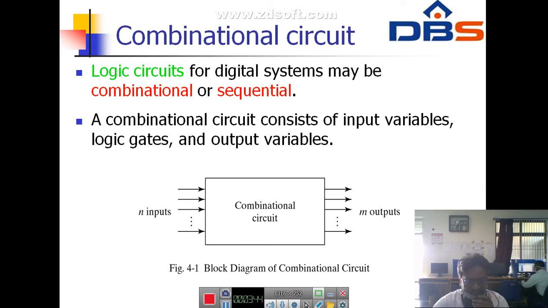These concepts you studied in your second year subject, switching theory and logic design. In this subject, apart from the operation, we have to learn the VHDL coding for those circuits.